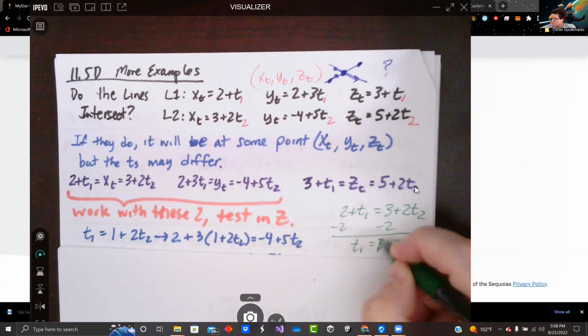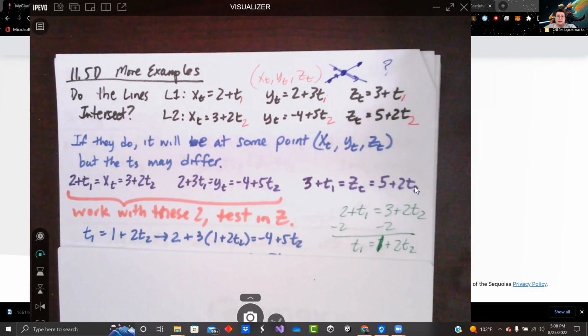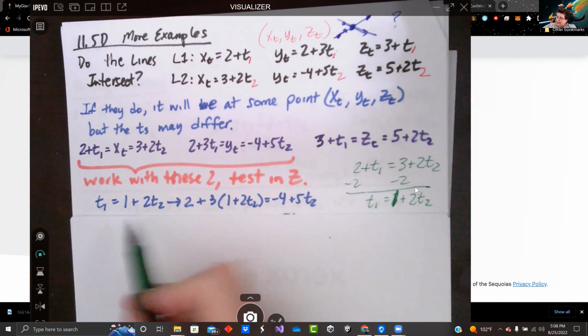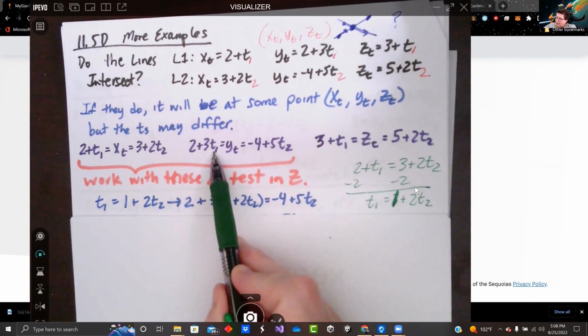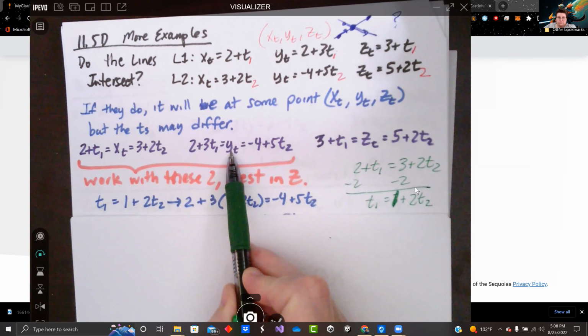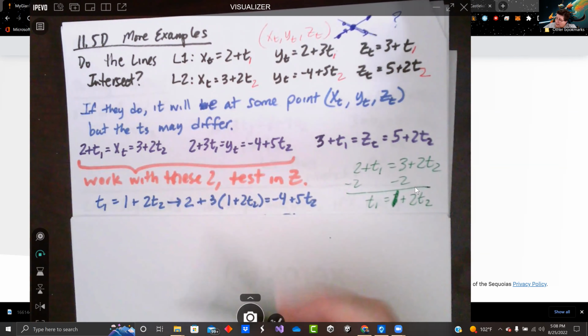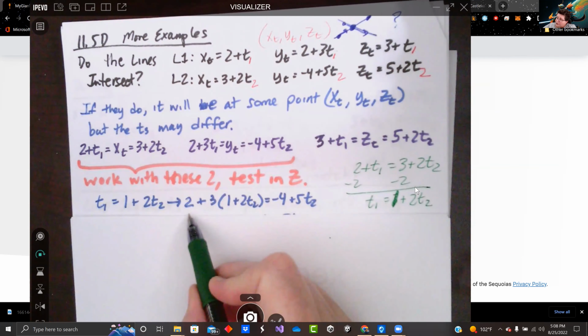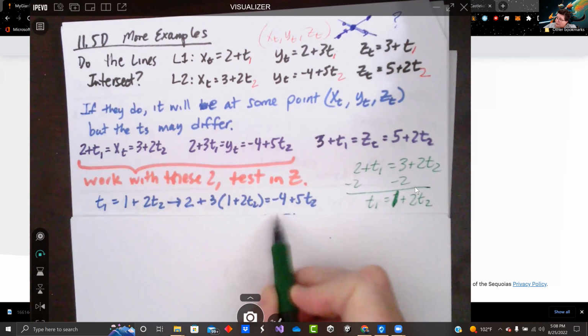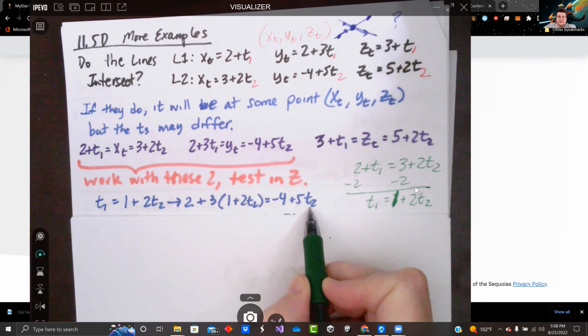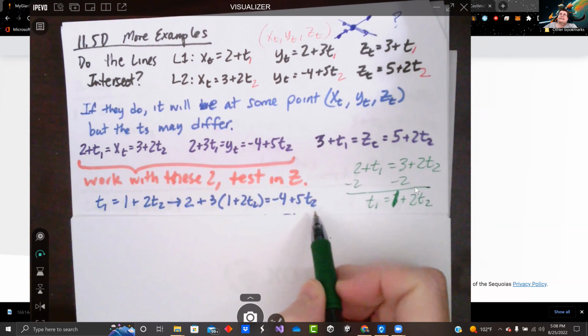Sorry, 3 minus 2 is 1. Okay, so that's how I got this t1 right here. I am going to plug it in for t1 in the y of t line. So when I do, I've got 1 plus 2t2 replacing t1. I've got 2 plus 3 times that. That equals the right side, negative 4 plus 5 times t2.